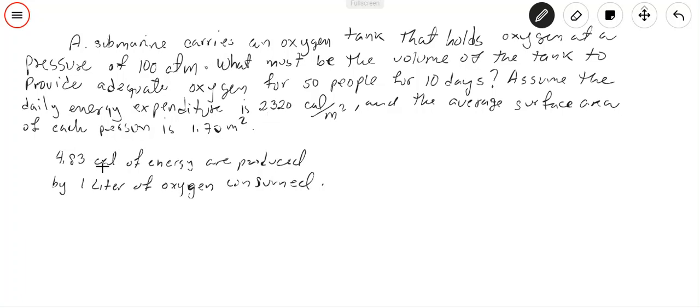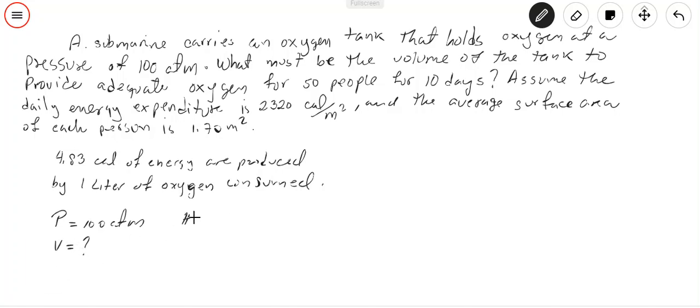So what else do I know? I know this relation between the number of calories of energy that we produce and the number of liters of oxygen we are consuming to produce those calories. We know that the pressure of the oxygen in the tank is 100 atmospheres. We don't know the volume of the tank, right?